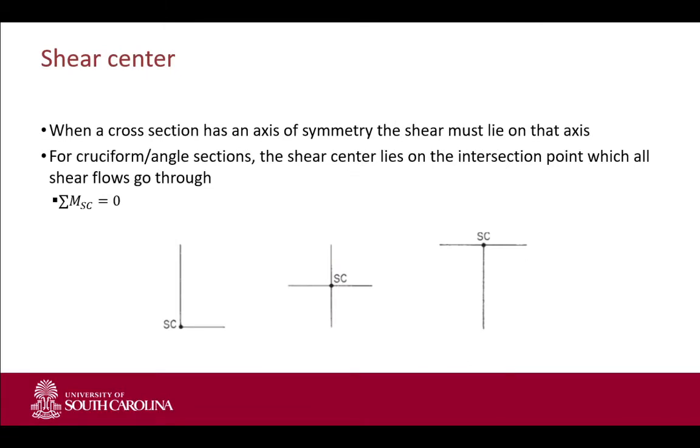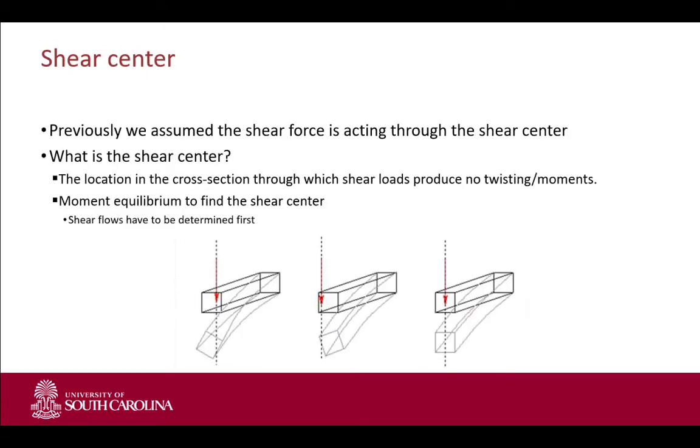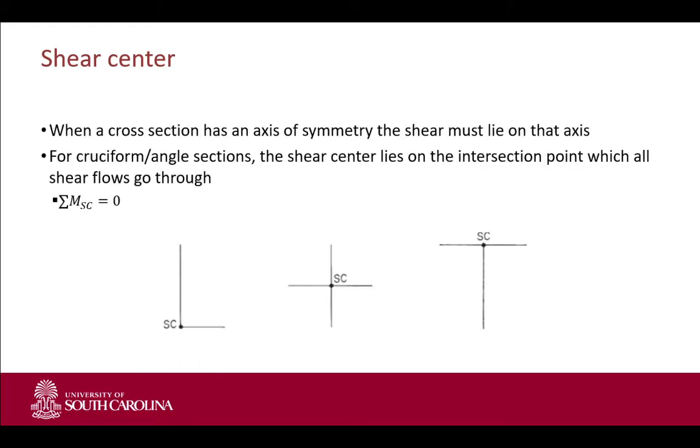The second topic we discussed was the shear center. If you apply the shear force at a location on your cross section, depending on where that location is, your structure will bend and twist. However, if you apply it at a certain location, your structure will only bend. That location is known as the shear center. Basically, it reduces the coupling between bending and twisting, or neglects it. We calculate the shear center by doing a moment equation.